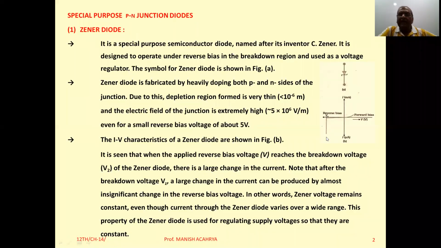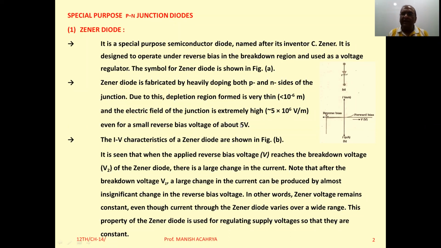And this one is due to increased concentration, because if we increase the concentration, then the width of the depletion region decreases, as well as the electric field in the depletion region becomes stronger.